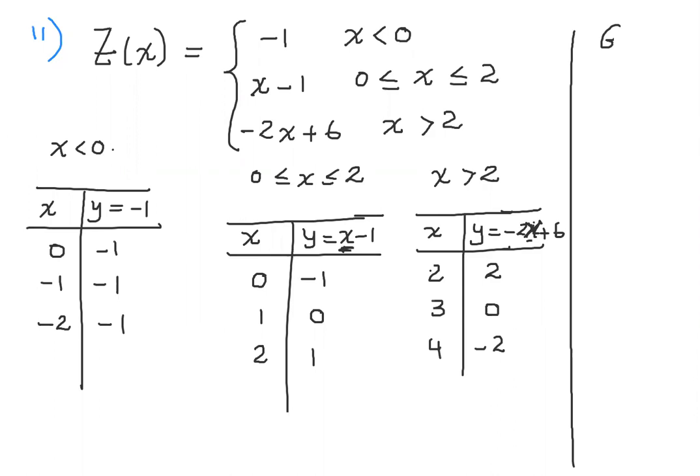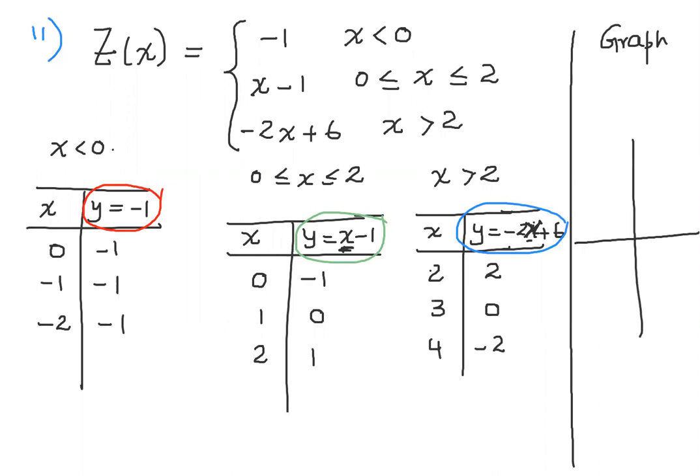So now let's graph this one. I'm going to use red for the first one, green for the second one, and blue for the third one. This is the space I have to use.